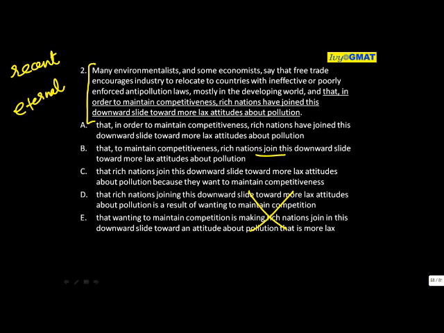Rich nations join poor nations. It gives me an idea of eternal. If I say he goes to the gym, does it give me an idea that it is recent, or that he goes to the gym as a habit eternally? So join will mean eternal, whereas this is recent. So I must use have joined.